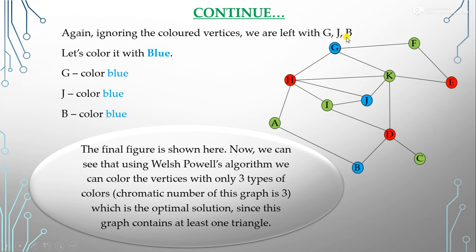So our chromatic number is 3, because we use 3 colors to color the graph. Now I hope it is clear how to use the Welsh-Powell algorithm: order the vertices by degree in descending order and put the colors one by one.